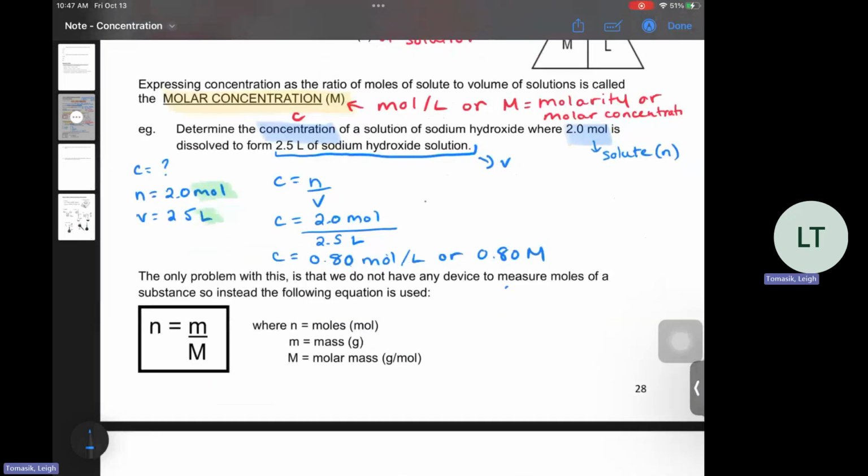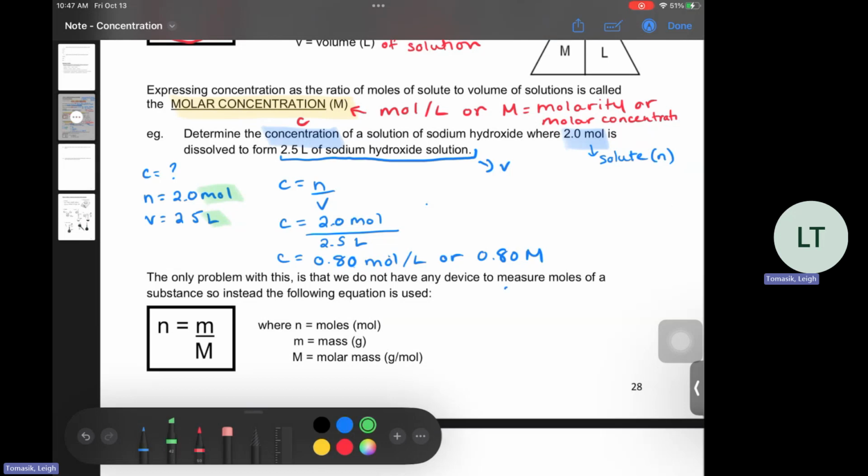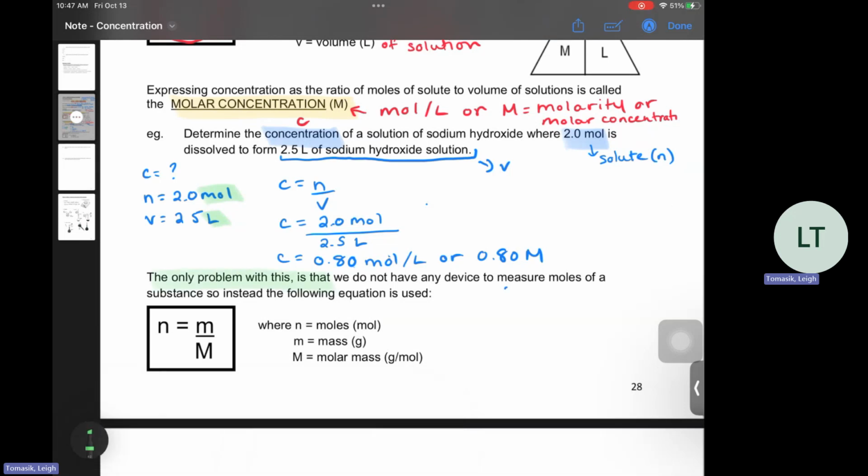Now, the only problem with this is that we do not have devices to measure moles in the lab, right? We only have balances that can measure grams. So if we're trying to make 2.5 liters of a 2.0 mole solution, we would have to convert the moles to grams. We would have to weigh the sodium hydroxide.